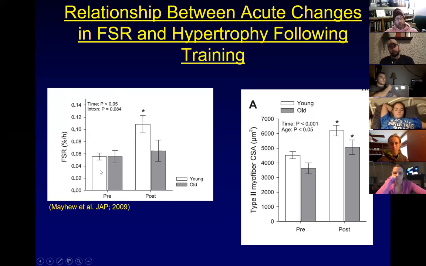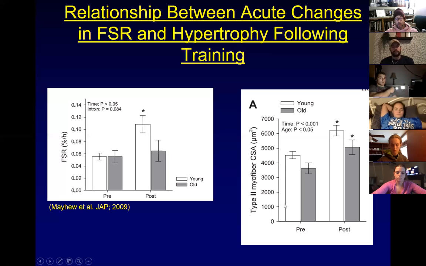So here are some data in young men and old men. These are old men who do not produce nearly as much testosterone as the young men. And here's their acute change in fractional synthesis rate. So you see this big increase in the young men, almost no increase in the old men.